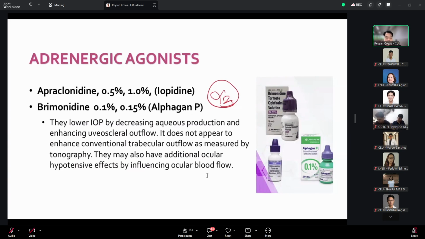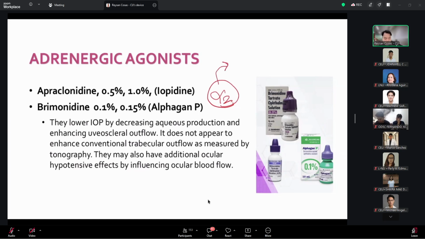So activation of the presynaptic alpha receptor inhibits norepinephrine release. Therefore, the amount of norepinephrine available for receptor activation, including the postsynaptic beta receptor on the ciliary epithelium, is also decreased. So dual ang effect ng mga alpha-2 adrenergic agonists.